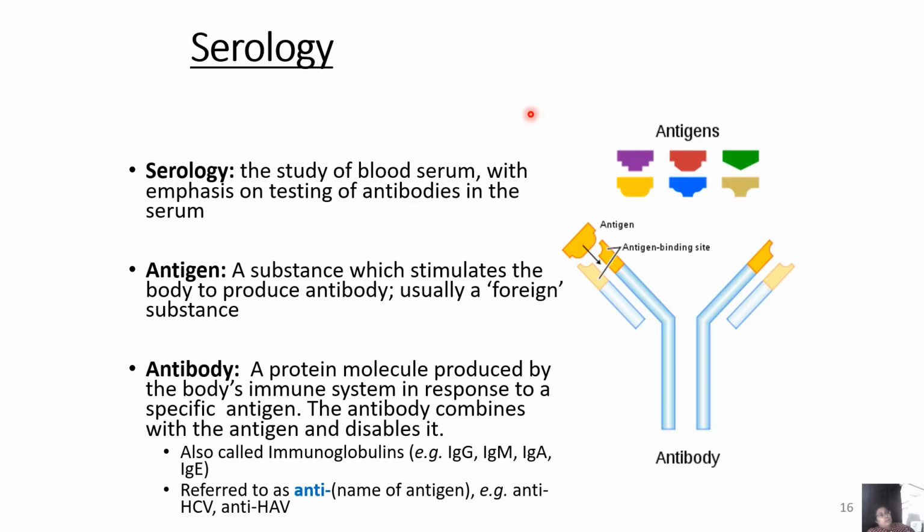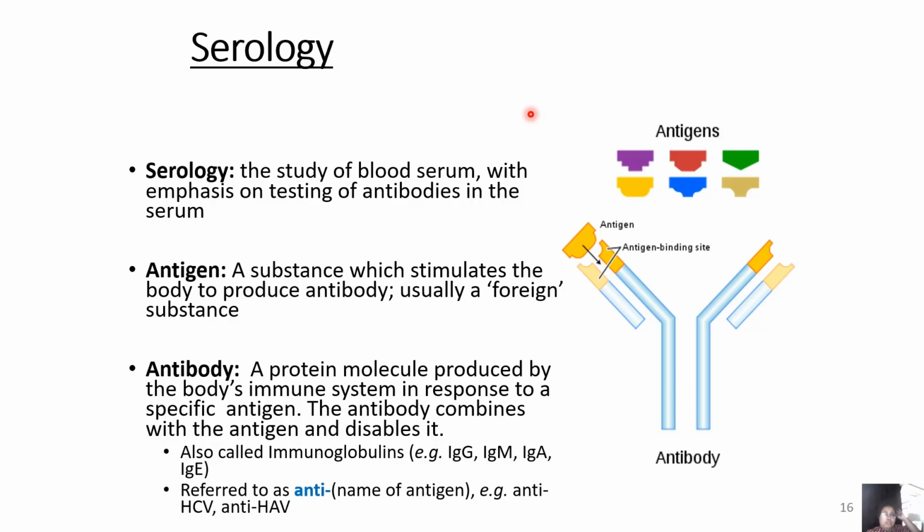If we talk about serology, it's basically the study of blood serum with emphasis on testing of antibodies in the serum. An antigen is a substance which stimulates the body to produce antibody, usually a foreign substance.